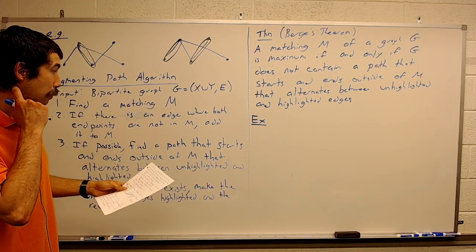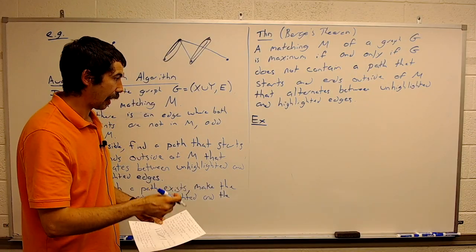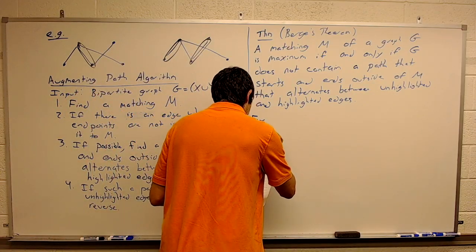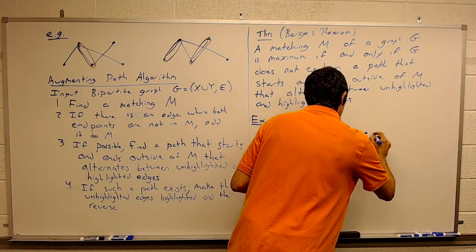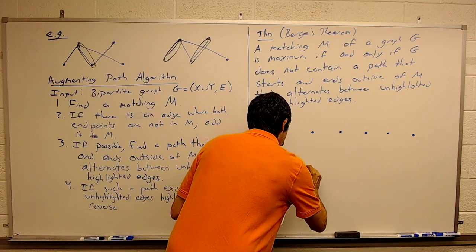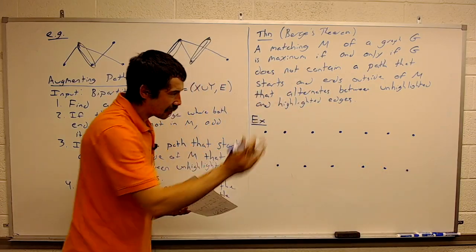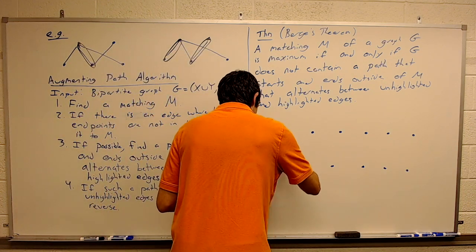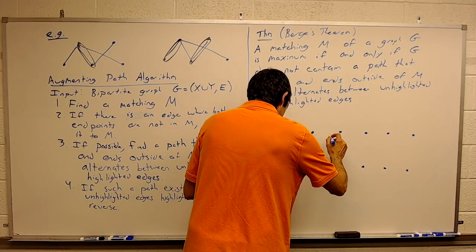Okay, so I'm going to give us a bipartite graph, and then I'll also give the initial matching. All right, so our X set, let's say, has 7 vertices. Our Y set, let's say, is 6.